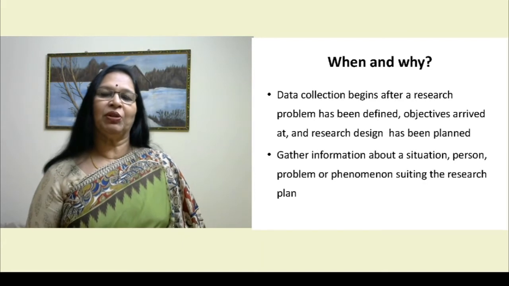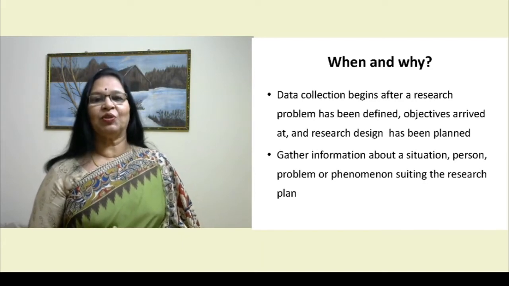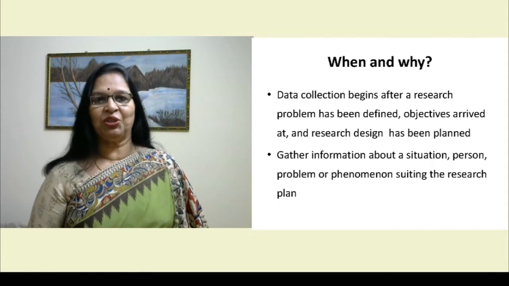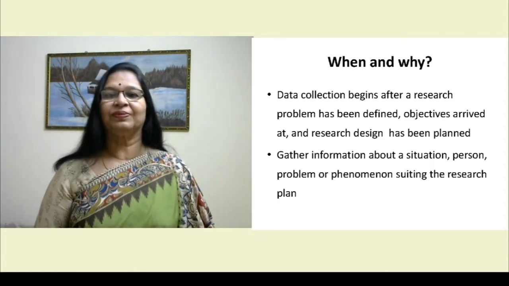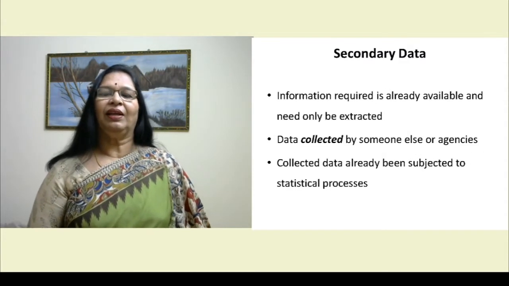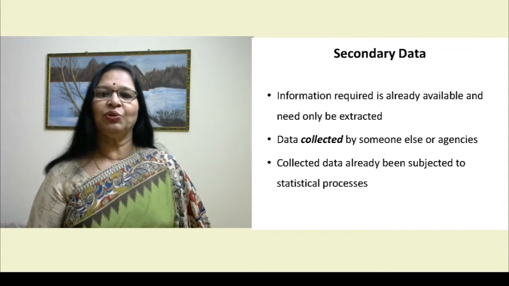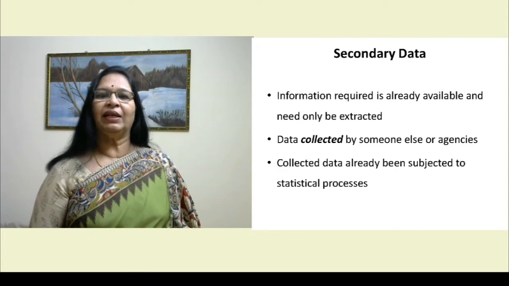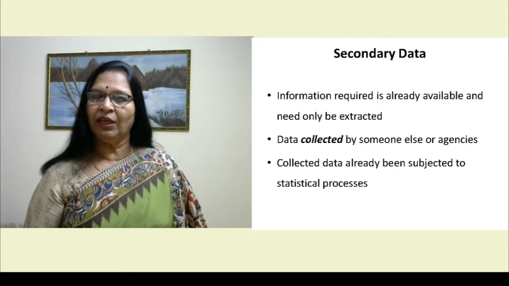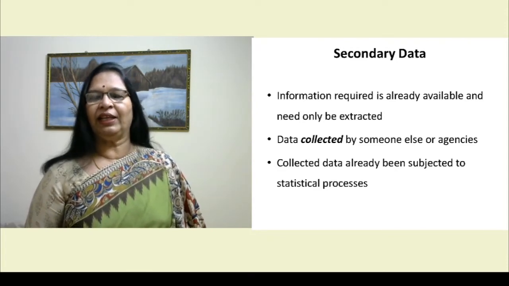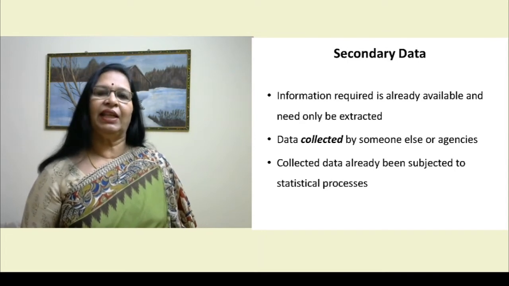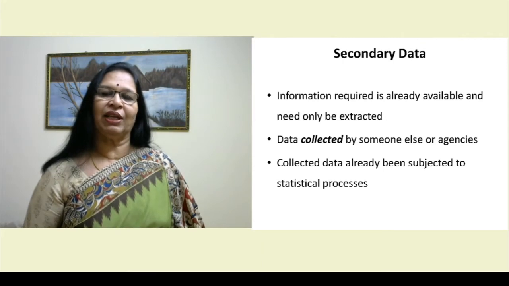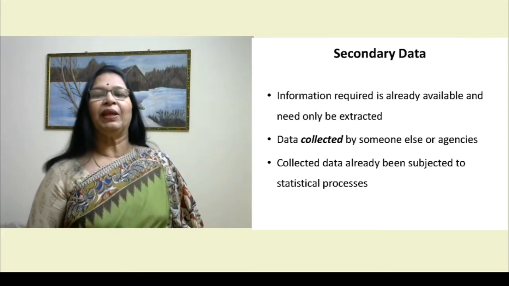So depending upon the study, the social scientist, the researcher, would decide how and what kind of data to be used. Secondary data is usually information that is already available, and only that needs to be collected and extracted, in the sense that we have to spend time on learning how to extract the data and use it.